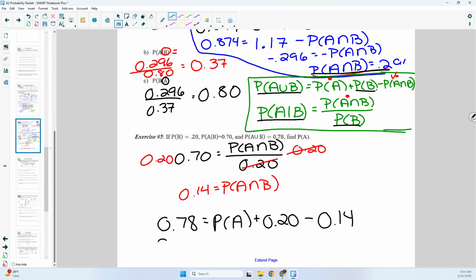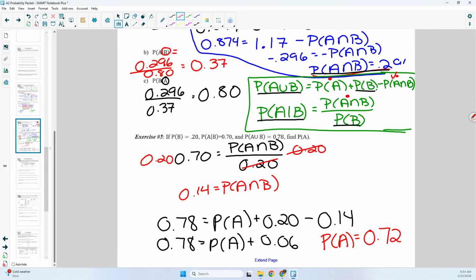So simplifying this, I get P of A plus 0.06. Then I just need to subtract from both sides, and I'm going to get that P of A equals 0.72. In terms of checking these, I can always go back through and make sure both formulas work with all the values I found, and that's a good way to check them.